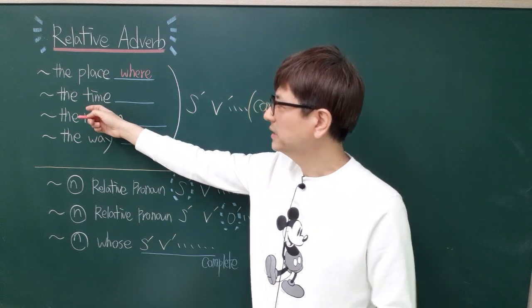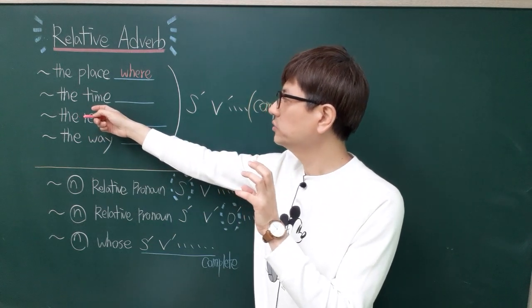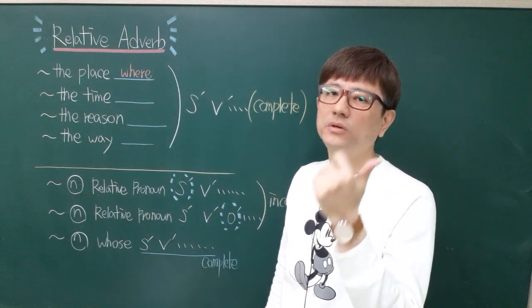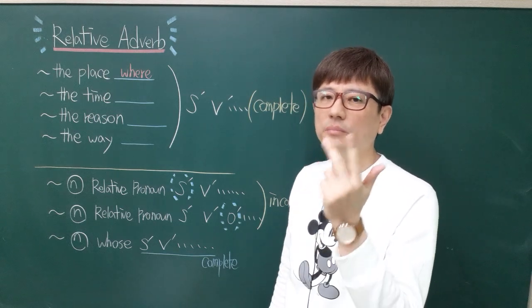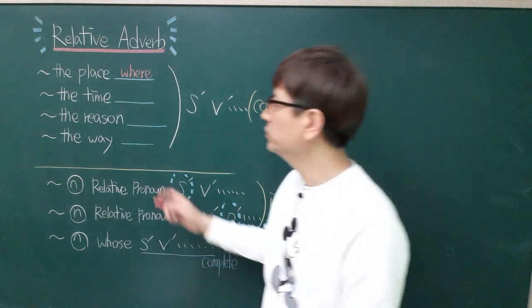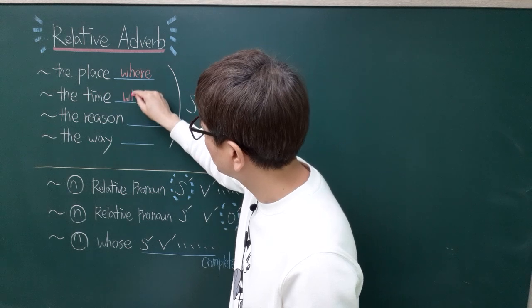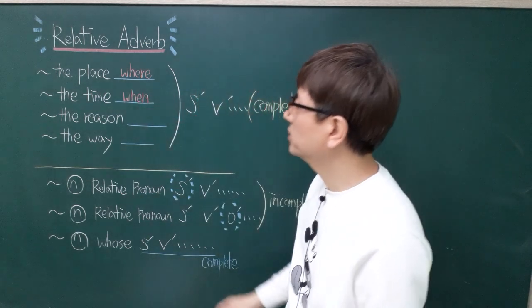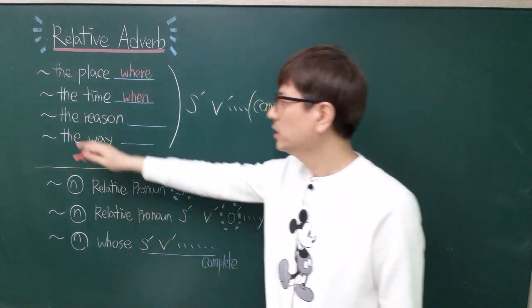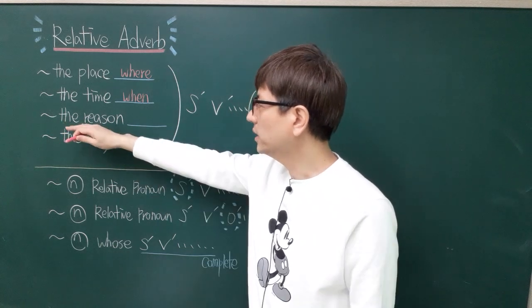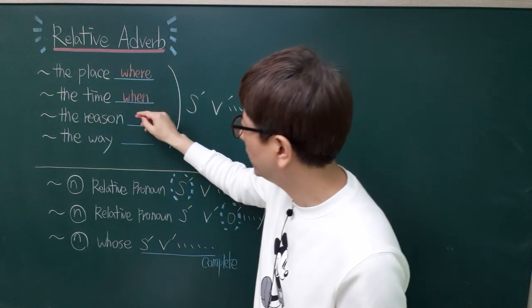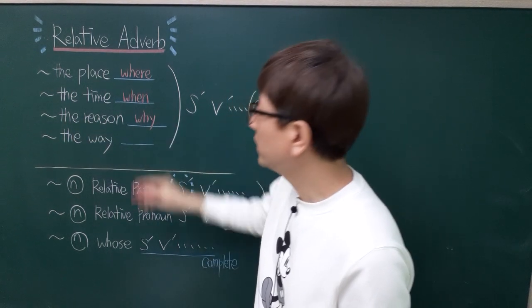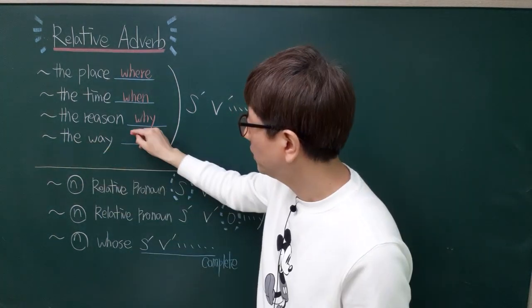And when the noun is a word related to time, such as hour, year, week, month, something like that, then we should have when, relative adverb when. And if we have the word reason, then we should have why, and the way, how.